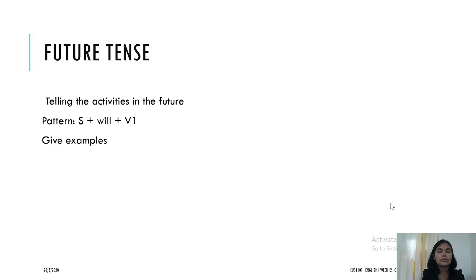Therefore, your job is to give examples of sentences that use future tense. I don't think it will be a problem for you, since we discussed these tenses two weeks or a week ago. But again, if you have questions, you are most welcome to ask me through our WhatsApp group or personal line.